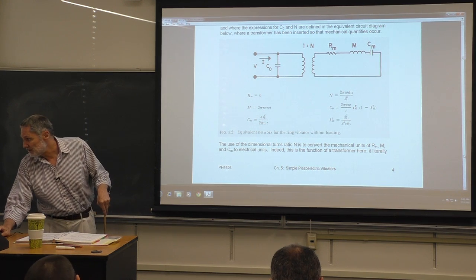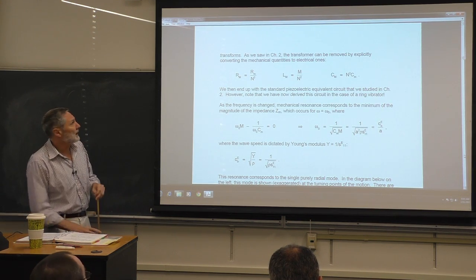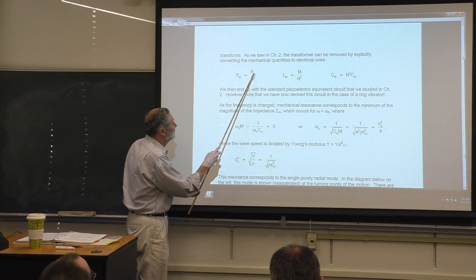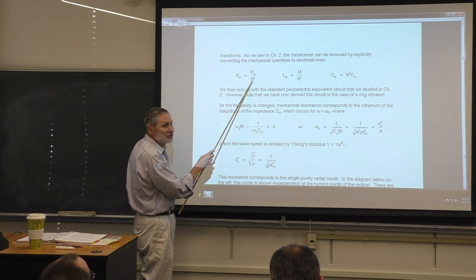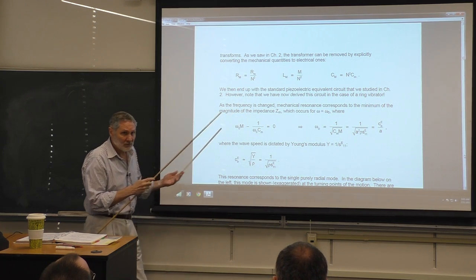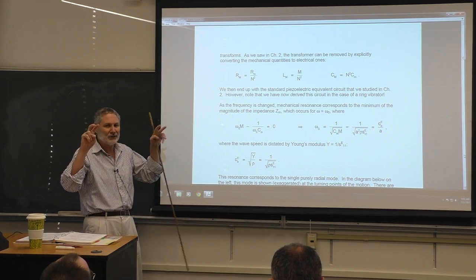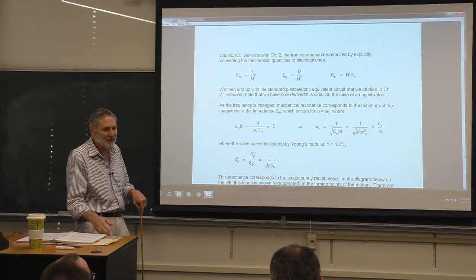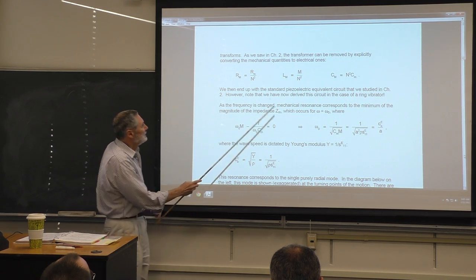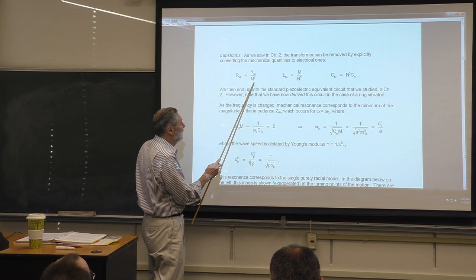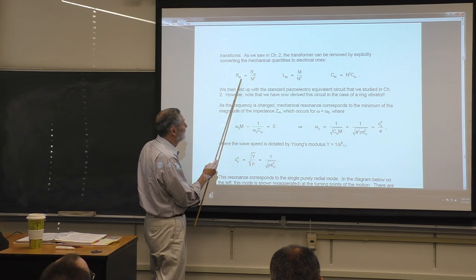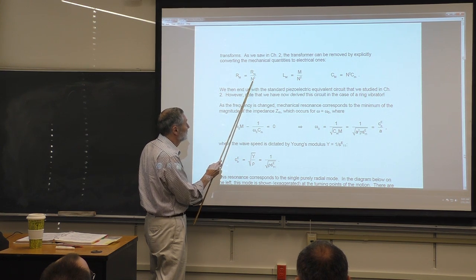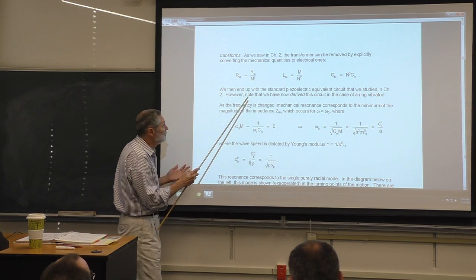So the rule is, and you might remember it, but you can go back and look at it, the resistance and the inductance simply get divided by n squared. N is the ratio of turns, which is a dimensional quantity here. This is an abstract transformer. That N quantity appears here in the conversion. You divide the mechanical resistance by N squared, and that will give you units of ohms.